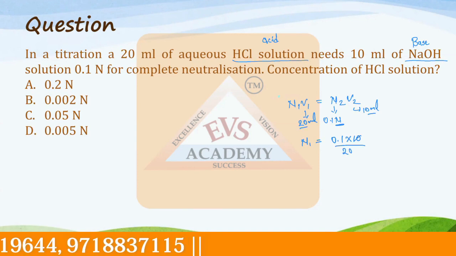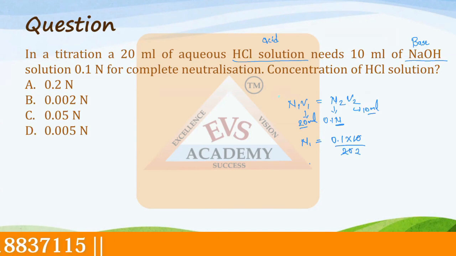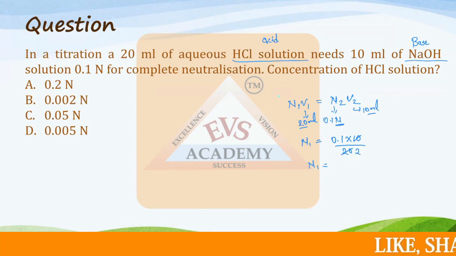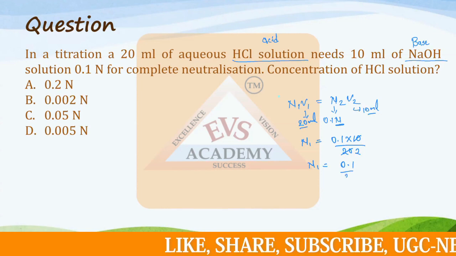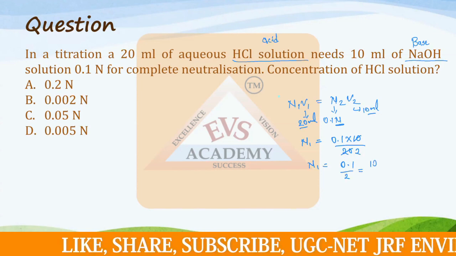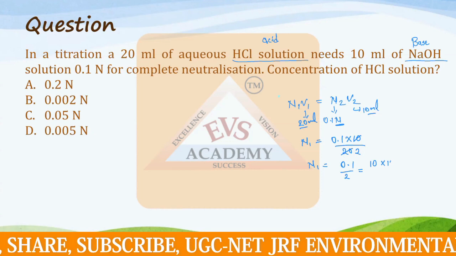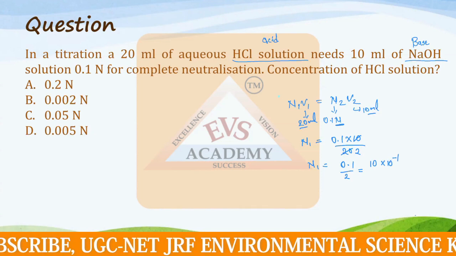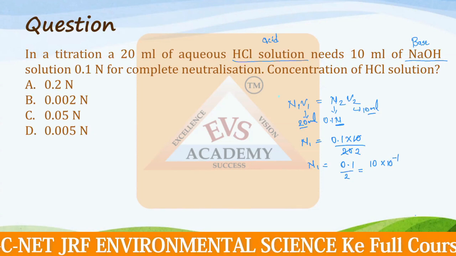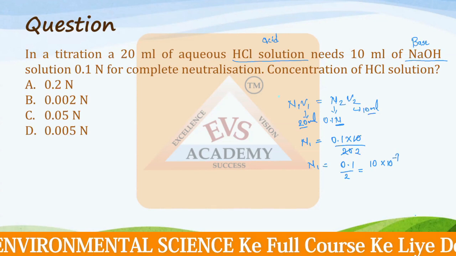So this is 10 multiplied by 2 times. So N1 here is equal to 0.1 divided by 2. So 0.1 divided by 2, I can also write it like 10 multiplied by 10 to the power minus 1, not minus 1, this is actually minus 2. Why?